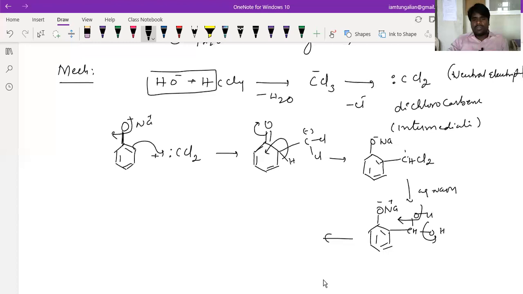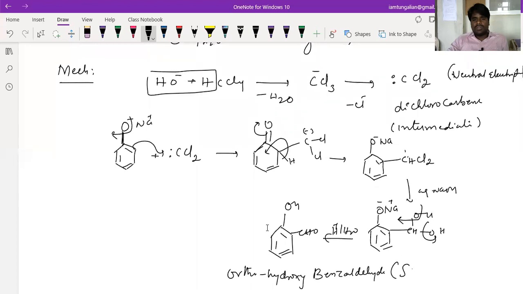And this OH will form, followed by this form. This is called ortho-hydroxybenzaldehyde.